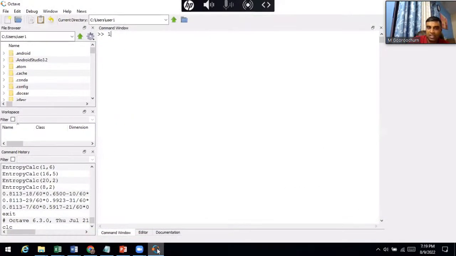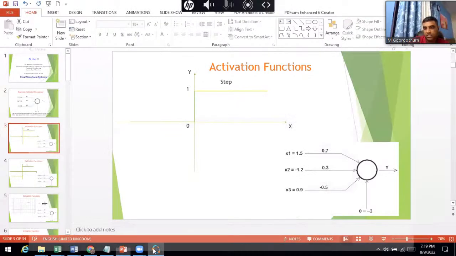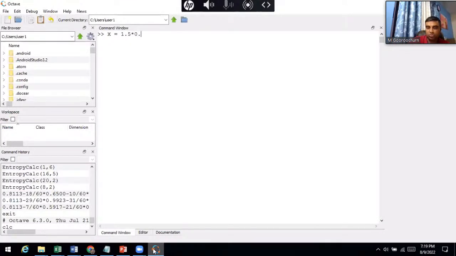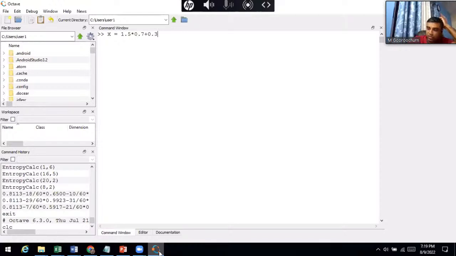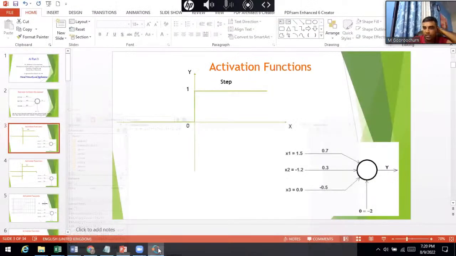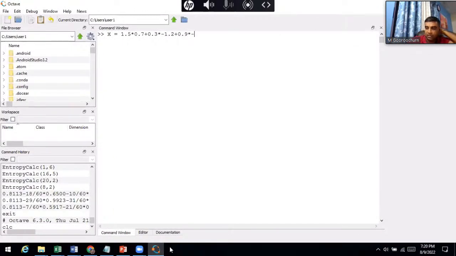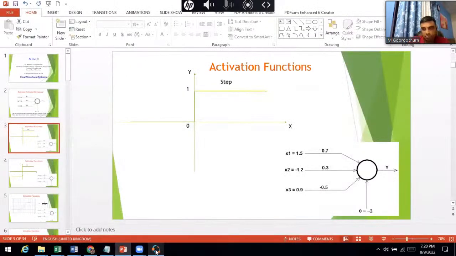If I do the calculation for capital X, it is 1.5 times 0.7 plus 0.3 multiplied by minus 1.2 plus 0.9 multiplied by minus 0.5. That's your capital X. And then you take your X minus theta, which is minus 2. It's not working here, we can't put the minus, so it is basically X plus 2.